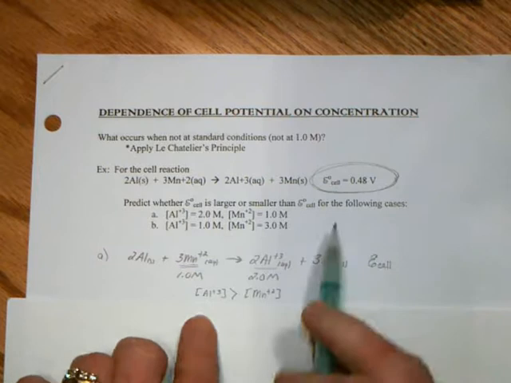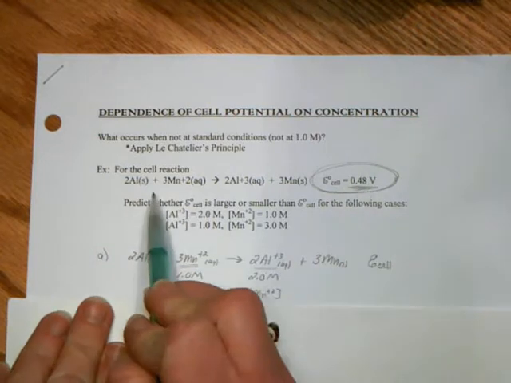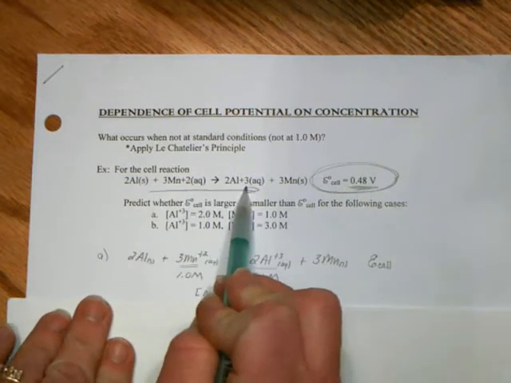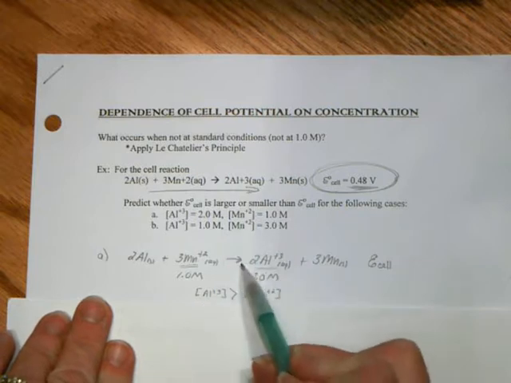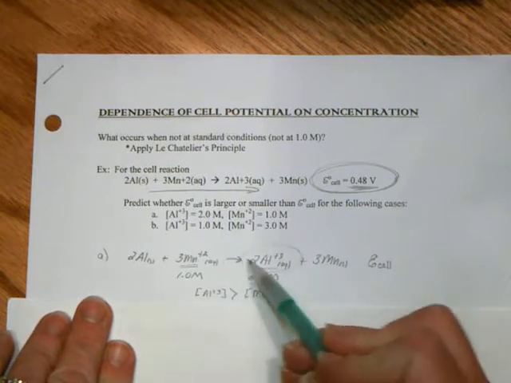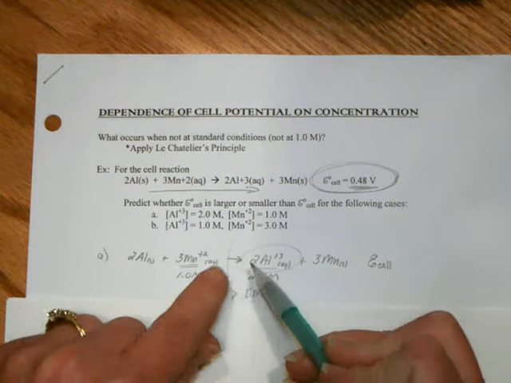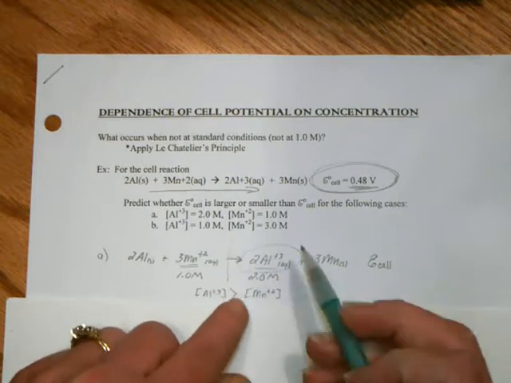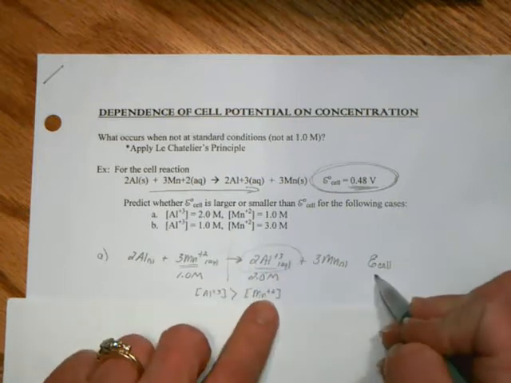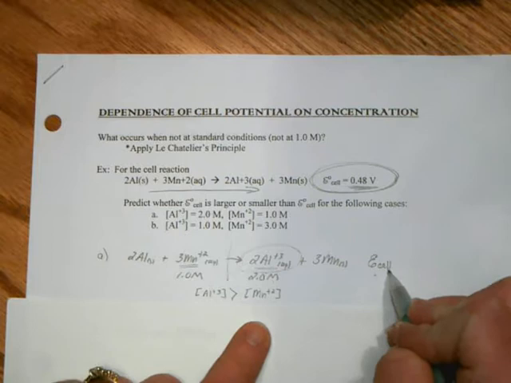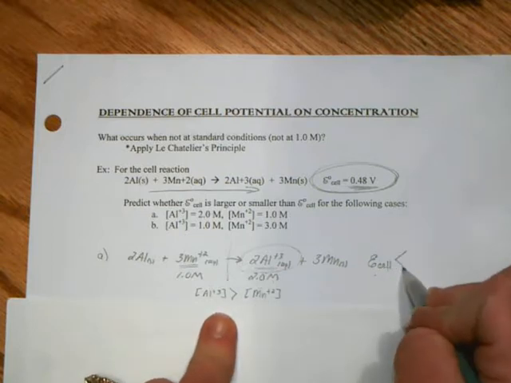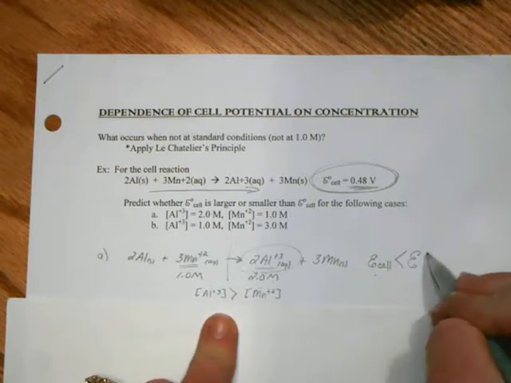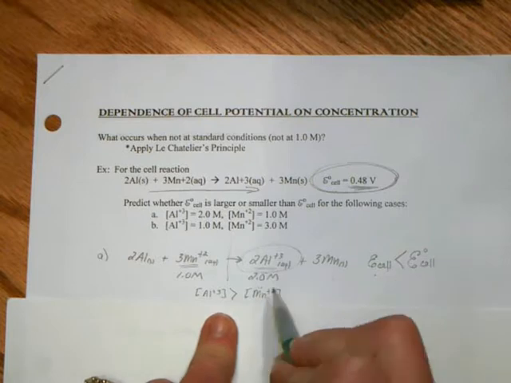So, this reveals the push for electrons or the pull for electrons. Well, we have too high of a concentration of our product, so it's not going to be as great of a pull. So we would absolutely expect then the E of the cell, which is not at standard state, to be less than the E of the cell at standard state, 1 molar, 1 molar.